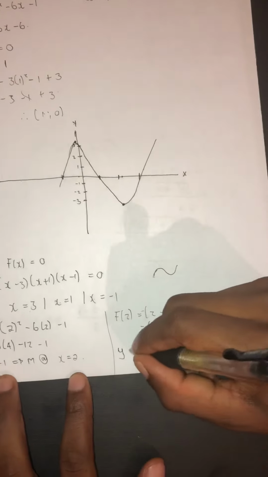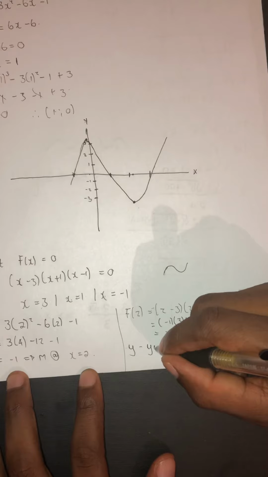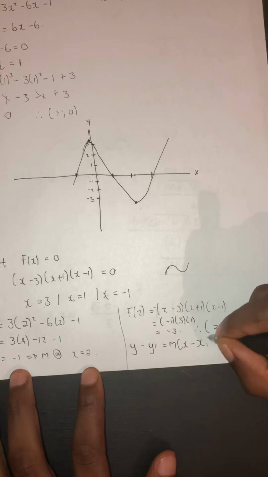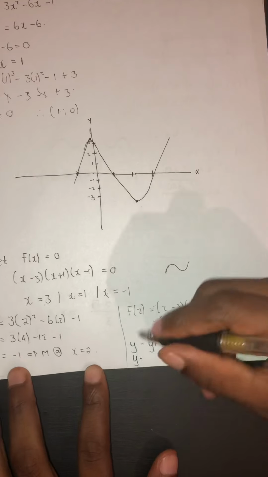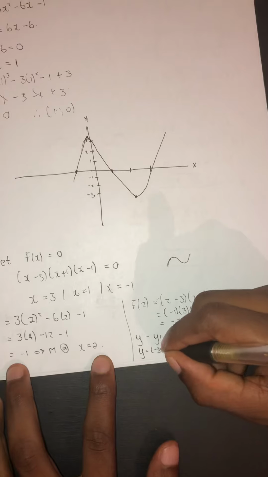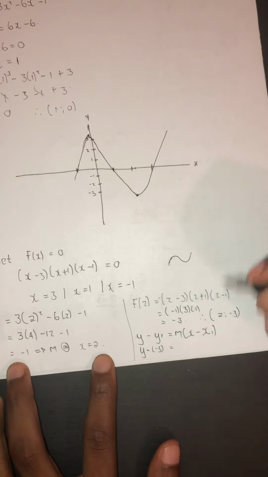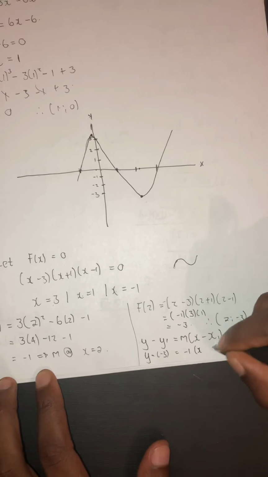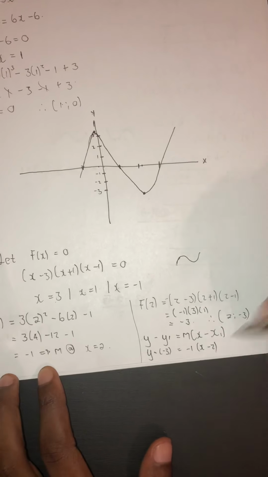Then I can go to my equation y minus y1 is equal to m times x minus x1. y minus my y1 is what? Negative 3 is equal to my m which is negative 1, times x minus 2.